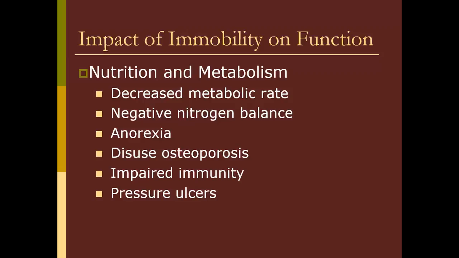We also see effects on the bone marrow, and that ends up impairing immunity. So immobility actually is associated with increased infections. Another area in nutrition and metabolism has to do with skin health and the pressure ulcers that are often a result of immobility.